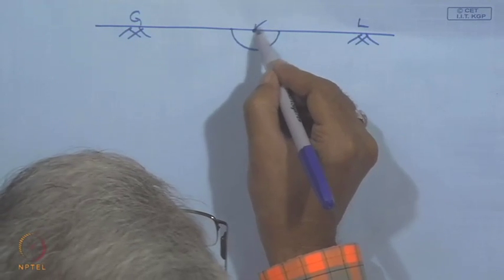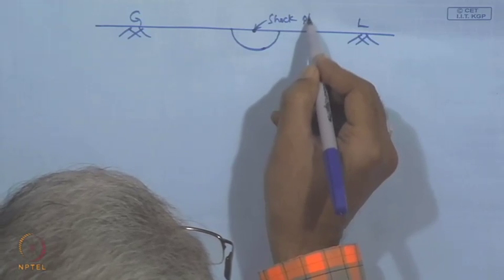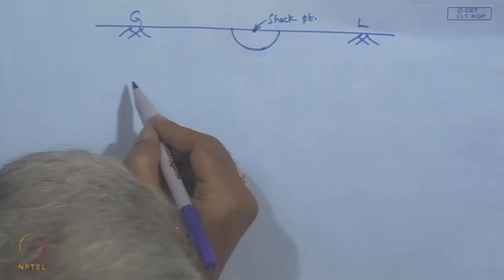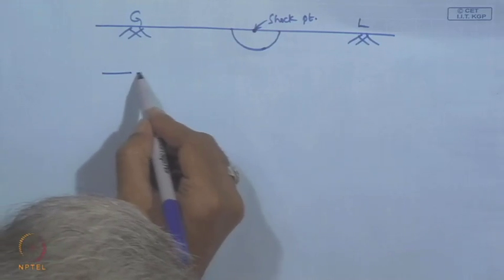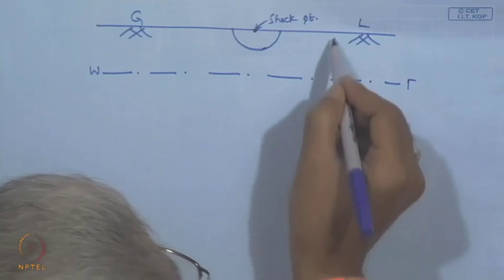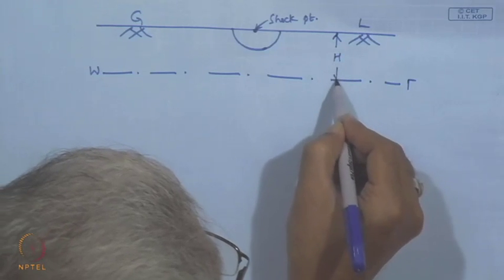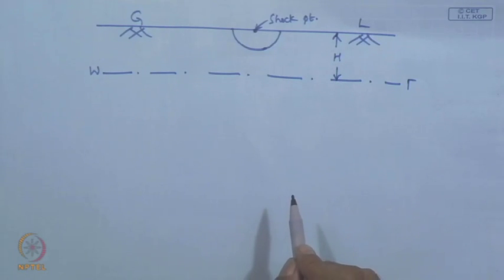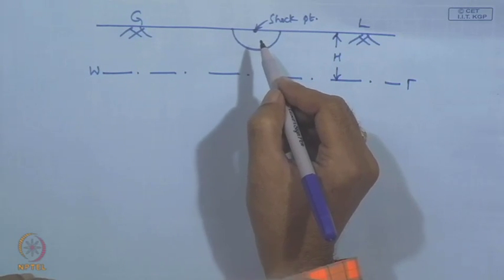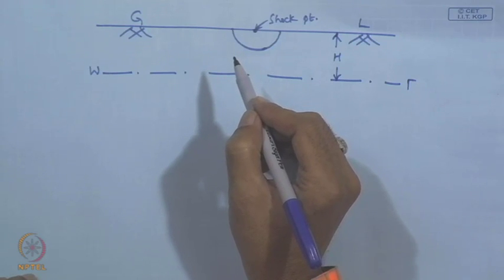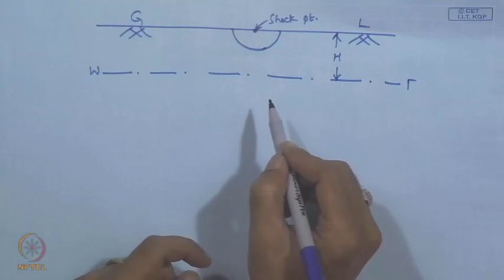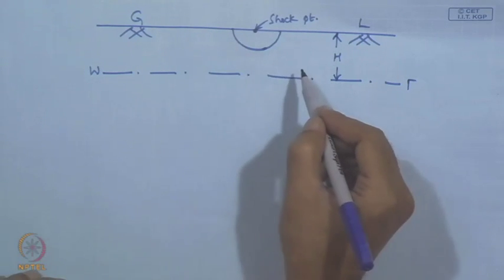So, this is the shock point, and here this is the water table. So, this is at a distance of h below the ground, and here the time is in 10 milliseconds.